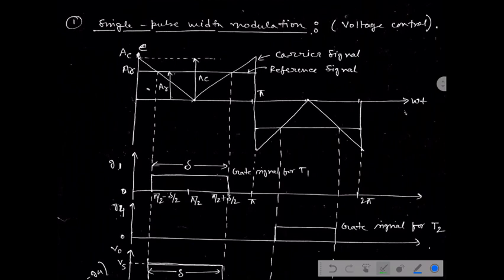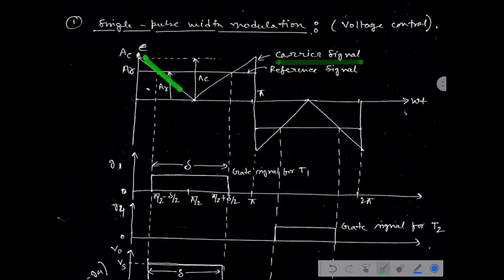In the first case, as it is a single pulse width modulation, the gate pulse has to be generated by comparing signals. Here we are using a rectangular shaped reference signal and a triangular shaped carrier signal.